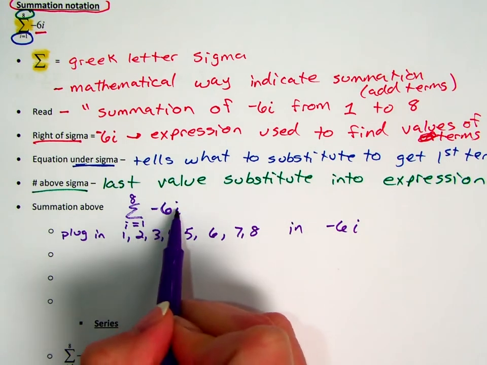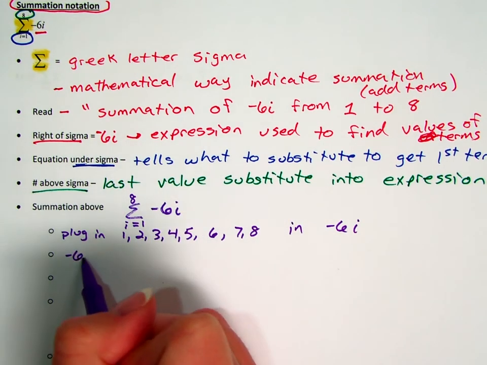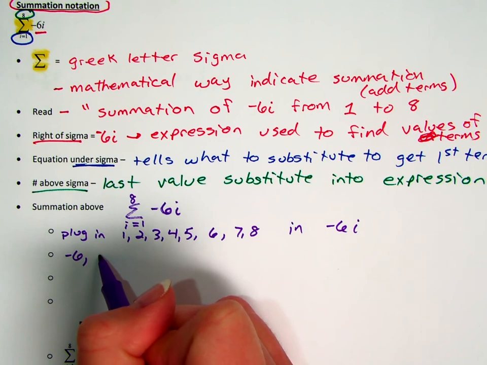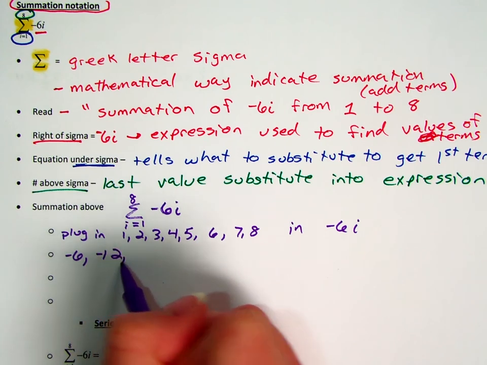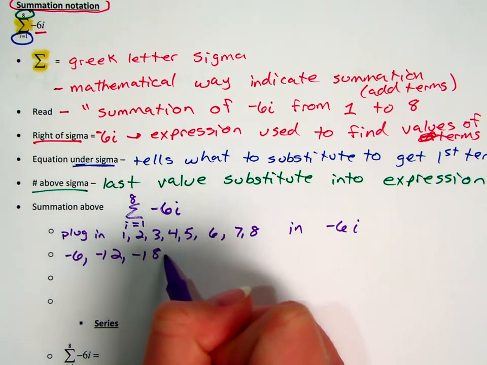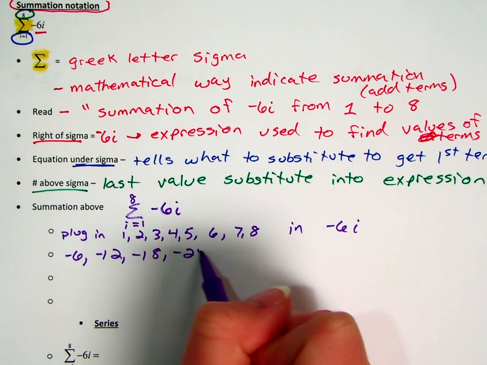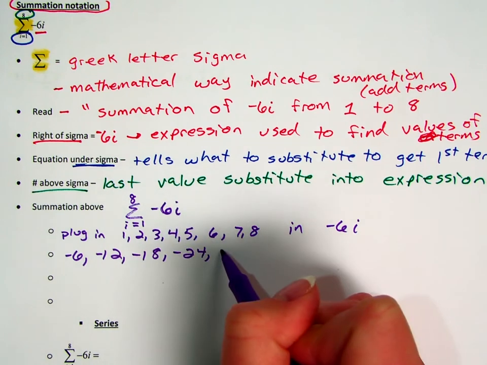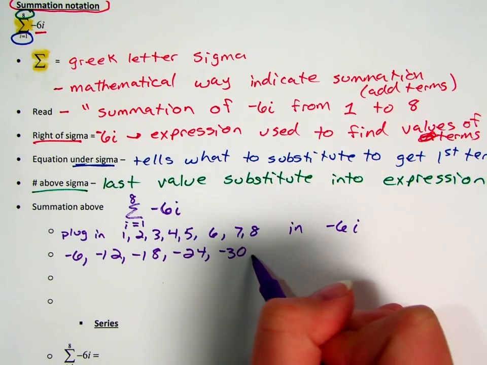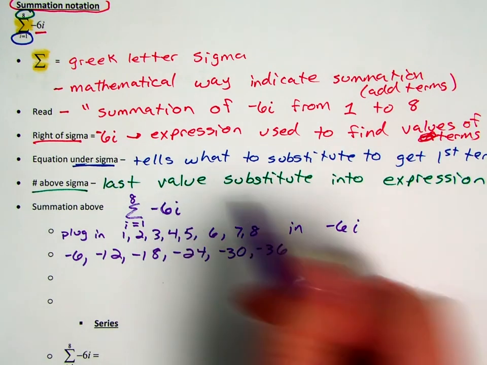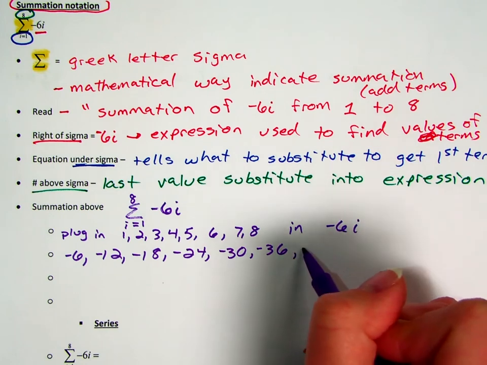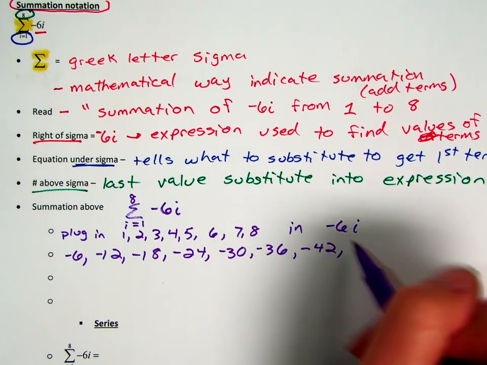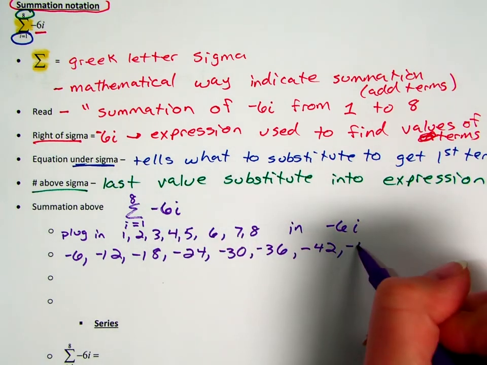So we'd be doing negative 6 times 1, which is negative 6. Negative 6 times 2, which is negative 12. Negative 6 times 3 is negative 18. Negative 6 times 4 is negative 24. Negative 6 times 5 is negative 30. Negative 6 times 6 is negative 36. Negative 6 times 7 is negative 42. And negative 6 times 8 is negative 48.